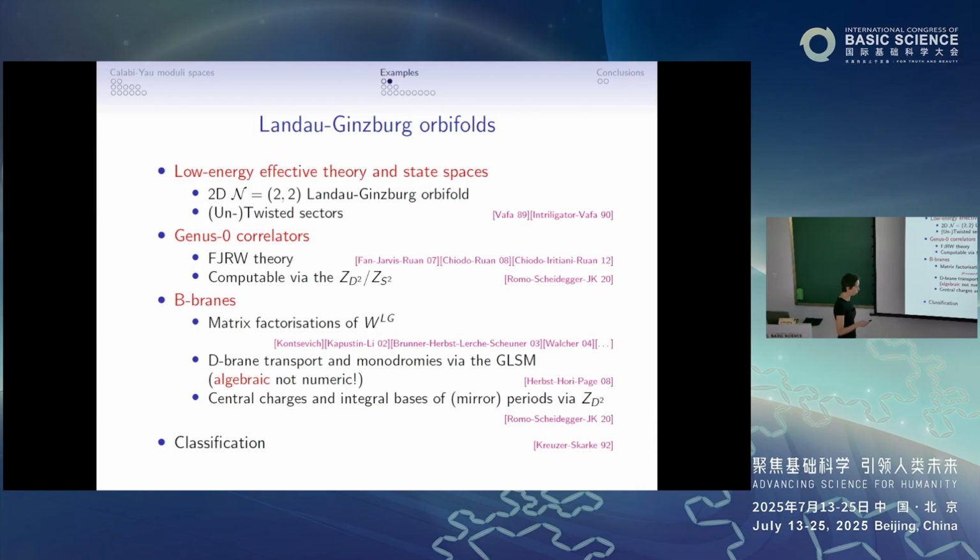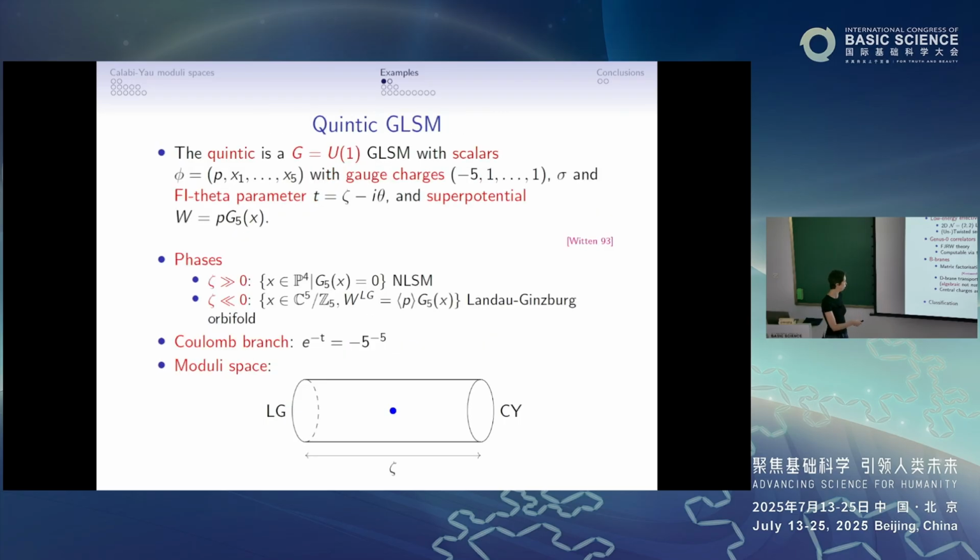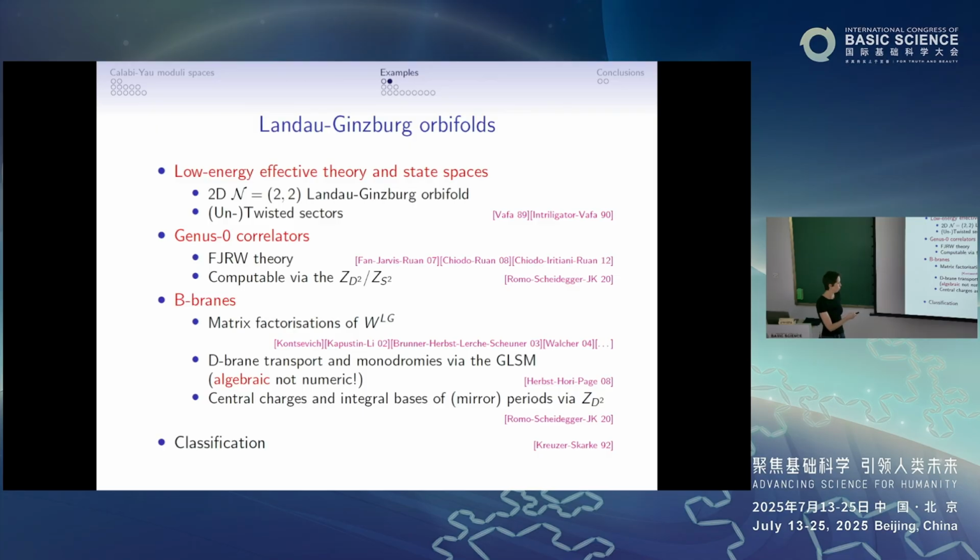And what you can also do explicitly, thanks to this paper by Herbst and Page, is use the fact that you have paths in the moduli space to analytically continue B-branes from Calabi-Yau to Landau-Ginzburg. So you can really transport them on a given path. And if you want to read a wonderful 265 pages of a paper, this is where you get everything explained.